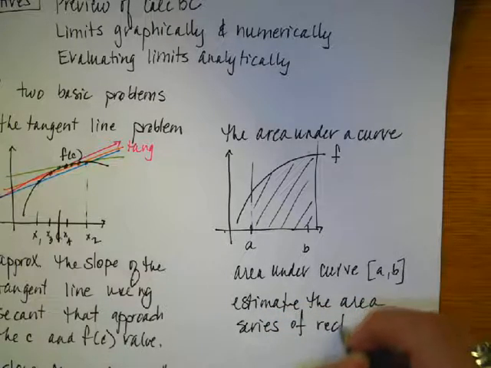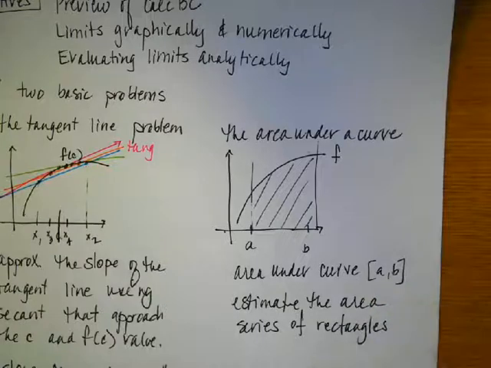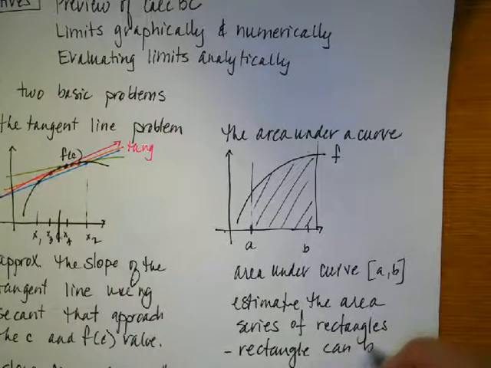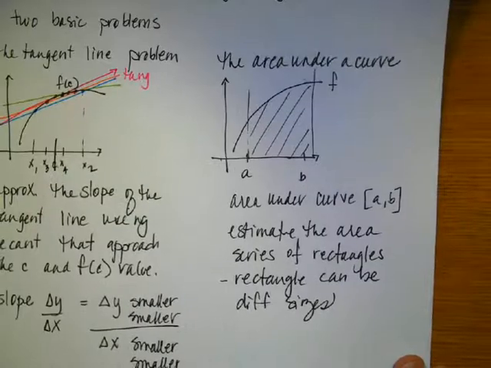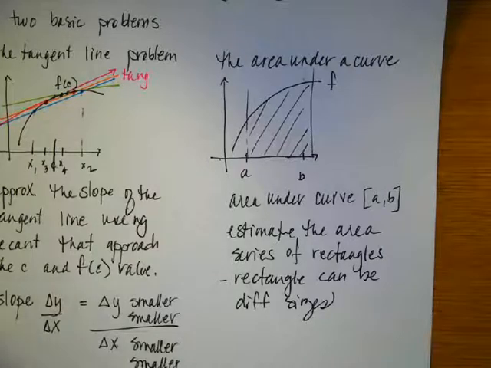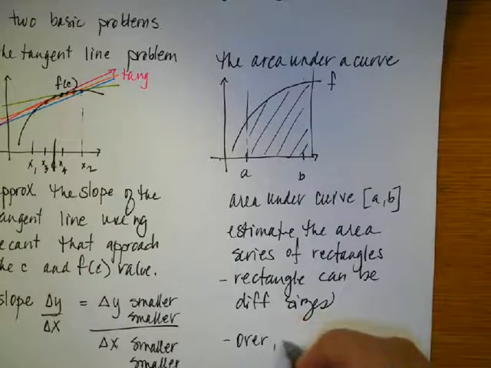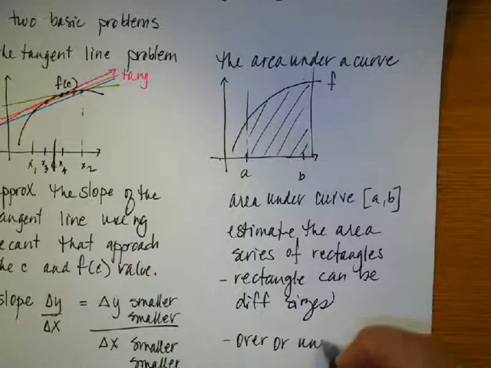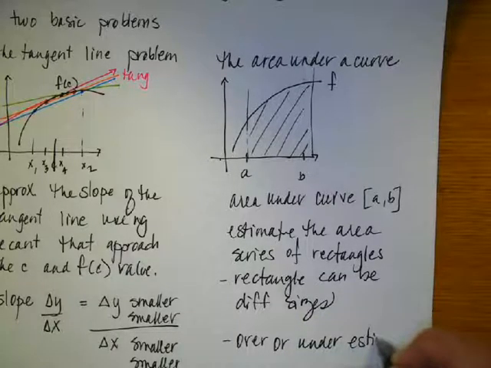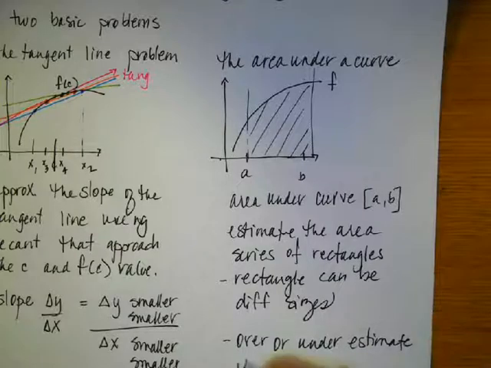The cool thing is, and we discovered this last year, is the rectangles can all be different sizes. But depending on the location of the rectangles that I choose, I can either over or underestimate the area under the curve.